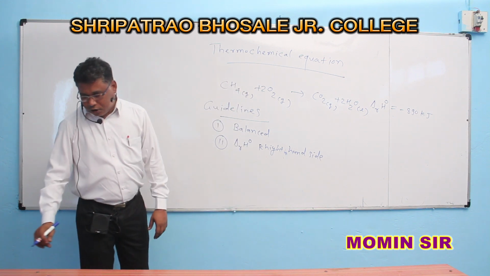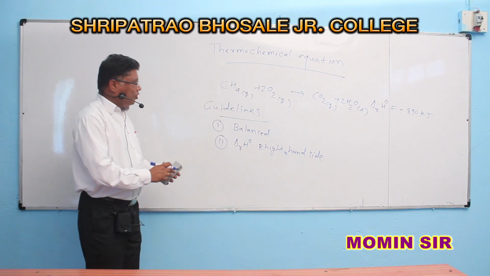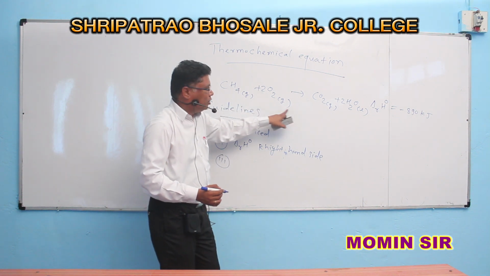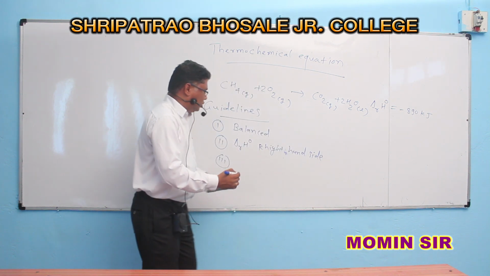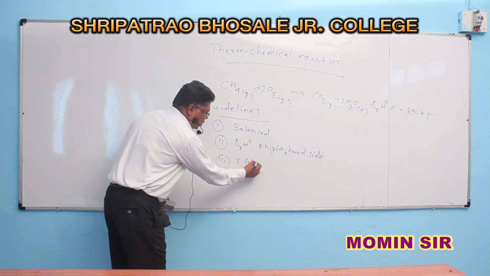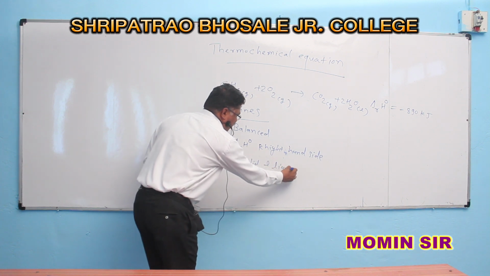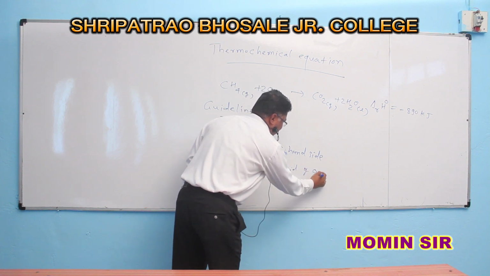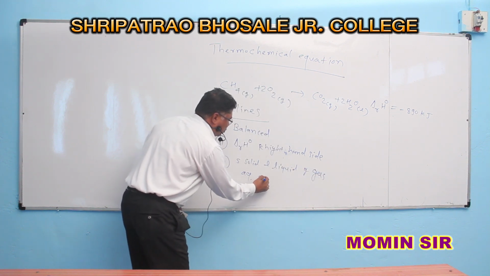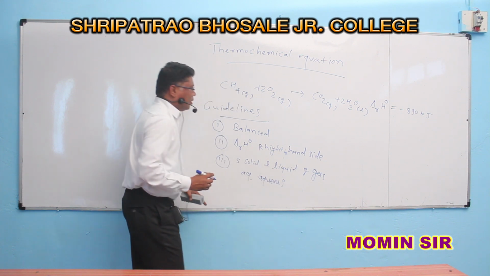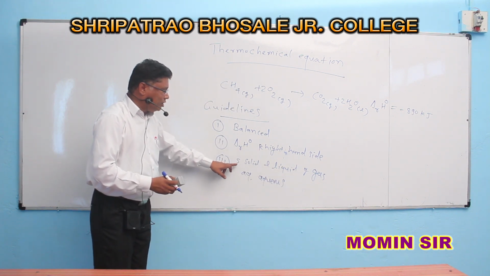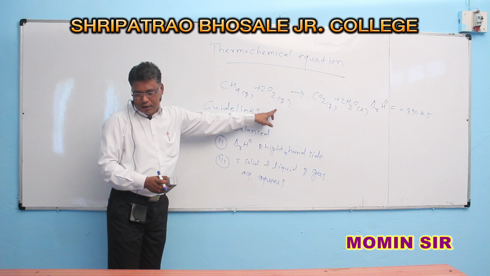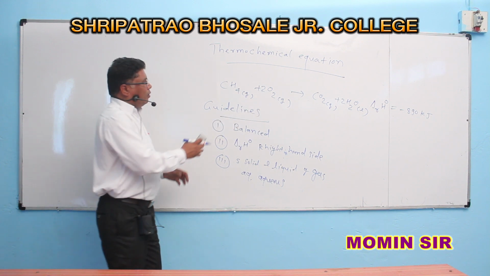What is the third important point? The physical state of the substance should be mentioned in brackets for all reactants and products. For example, S stands for solid, L stands for liquid, G stands for gas, and AQ stands for aqueous. So the physical state of all the reactants and products should be written in brackets.